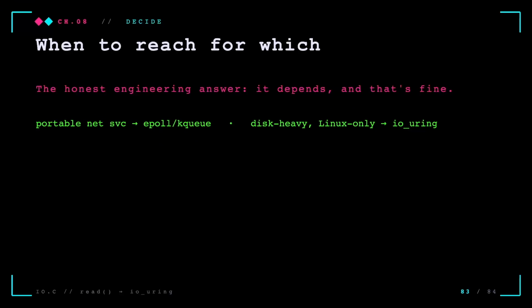So, a quick decision tree. If you need to run on Linux and BSD or Mac, use epoll on Linux and kqueue on Mac. It's relatively easier to build an abstraction layer on top of both because they're both readiness-based models. Most async libraries do this. If you're only on Linux and you're doing a lot of disk input output, then io_uring is definitely faster in this case.